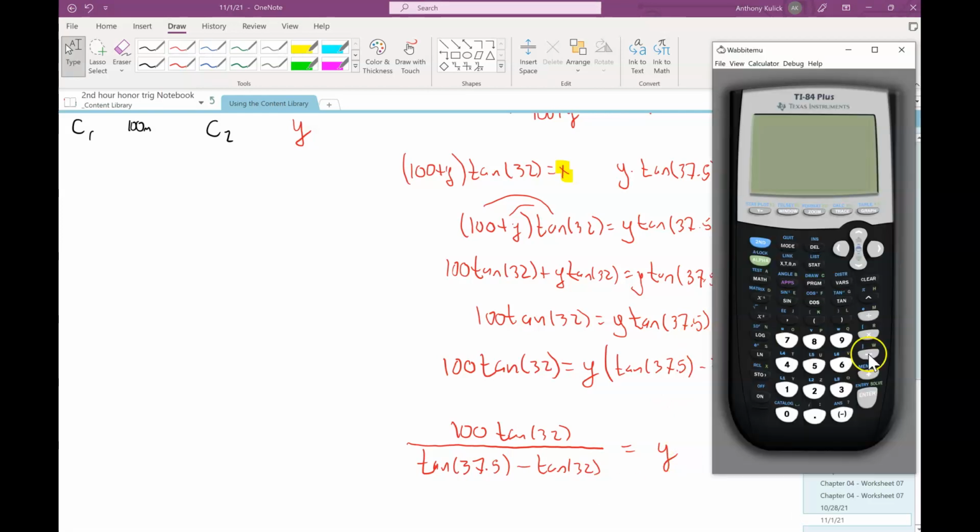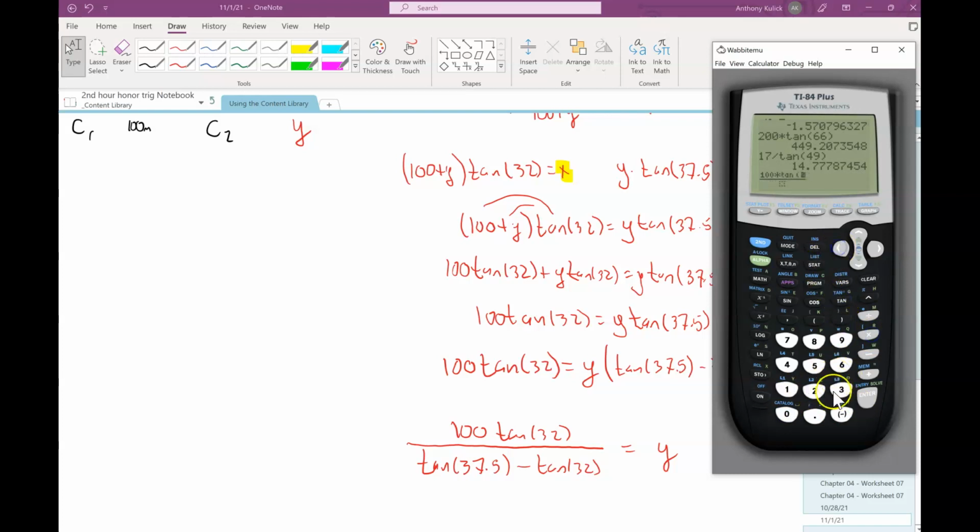Calculator time here. I'm going to use the fraction command on my calculator. So I'm going to press alpha and y equals and then choose the numerator over denominator command, so I can just type this in the way it looks on my sheet of paper.